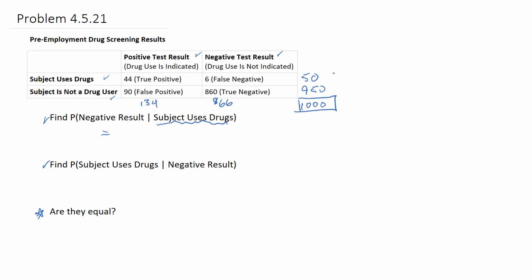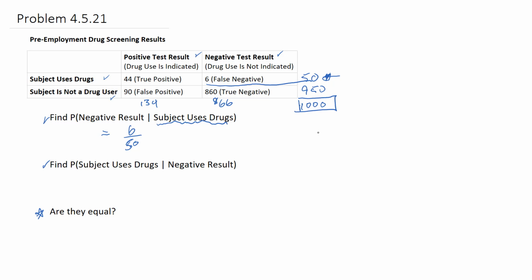There's 50 of them here, and so we're selecting from the pool of people who actually are drug users. Now, what they want is the number of people who had negative results. Out of these 50 people, there's only 6 of them with a negative result. So our result should be 6 out of 50.